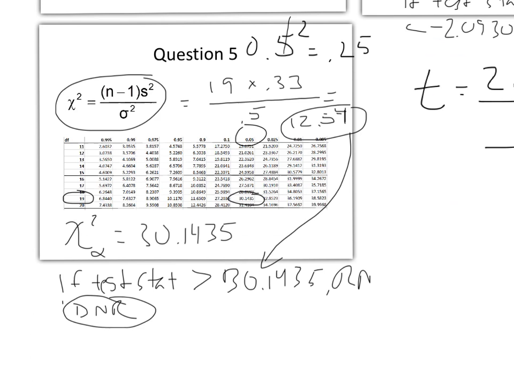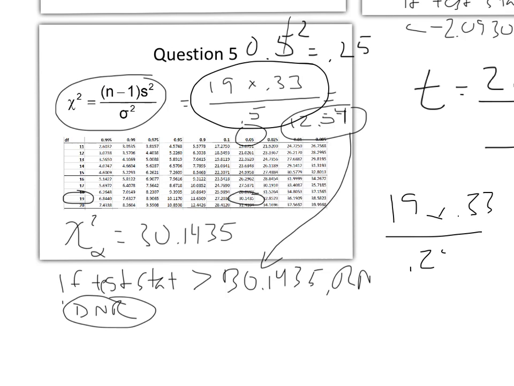I want to amend that last bit that we just did. It does not change the result of the problem, that we would not reject the null in both cases, but I made an error when I wrote this part of the problem. And you may have noticed that if you were still paying attention. We got 19 times 0.33, and it should have been over 0.25. I put 0.5. If you recall, it should have been 0.5 squared, which was 0.25.